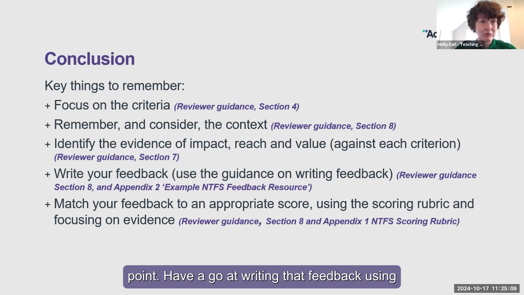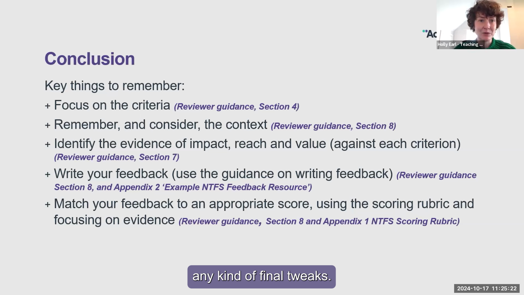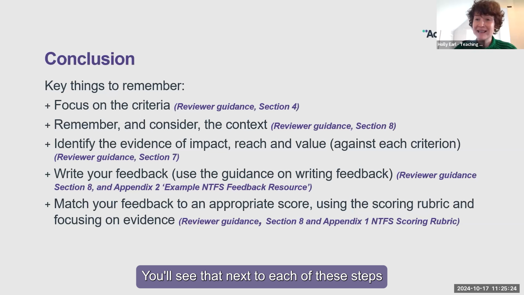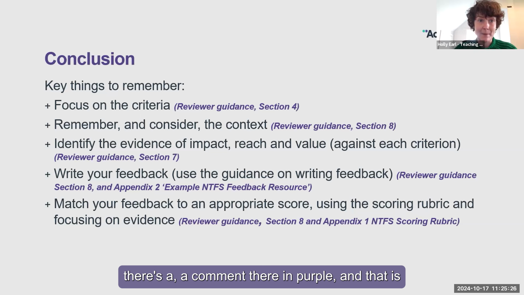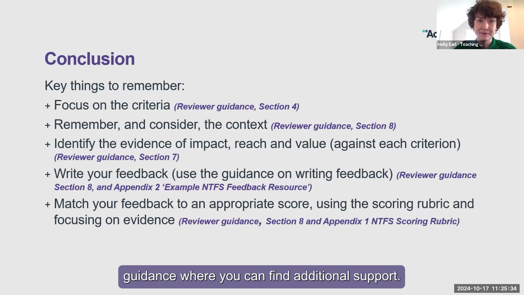At this point, have a go at writing that feedback using the guidance available. And then as the final step, match your feedback to an appropriate score. You probably then would want to go back again and have another look and just do any final tweaks. You'll see that next to each of these steps, there's a comment there in purple, and that is to direct you to the section of the reviewer guidance where you can find additional support.